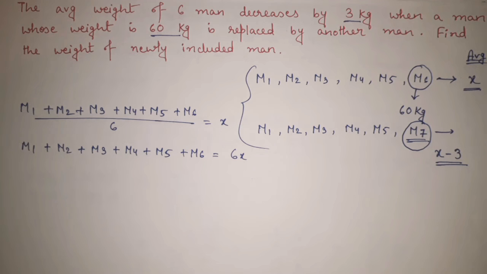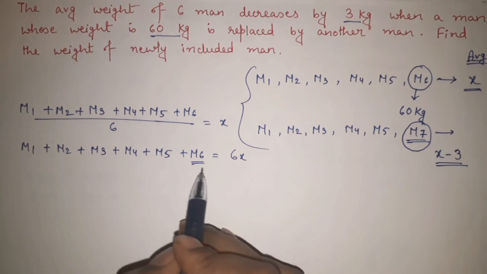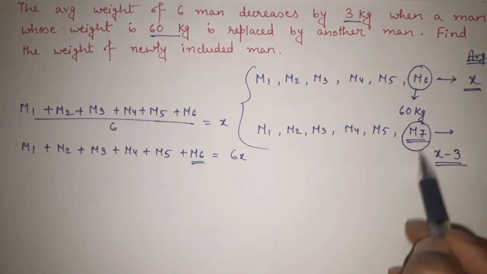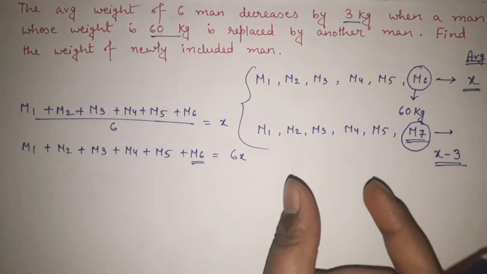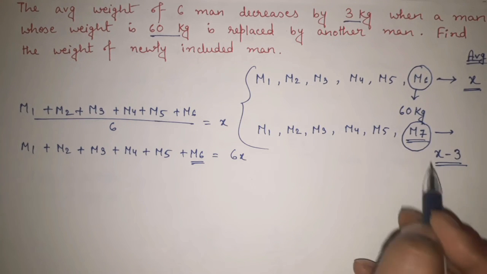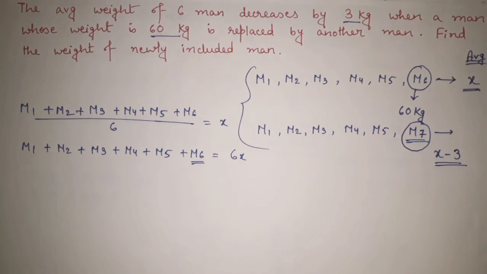Now what we are doing? We are replacing this man with a new man. And what is the result? The result is that the average decreases by 3. Now understand one thing: whenever the average decreases by 3, that means 3 kg is decreasing from all the weights.